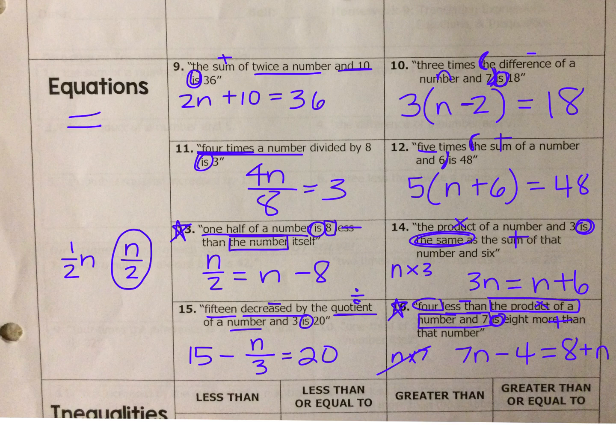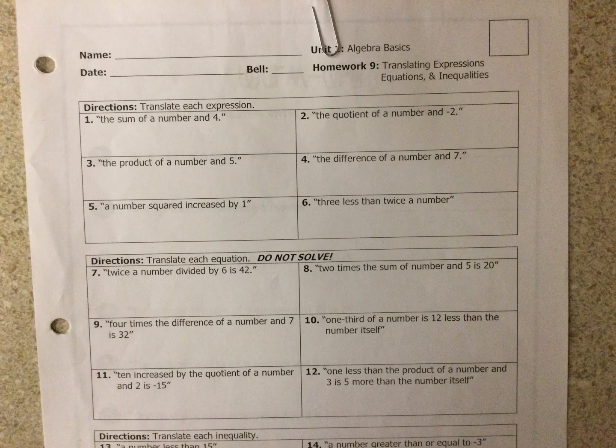All right, flip to the next page, and we're going to do some practice doing equations now. All right, you're back on this page. For your equations, something to keep in mind is that you will have parentheses, so I want you to do 7, 8, 9, 10, 11, and 12.